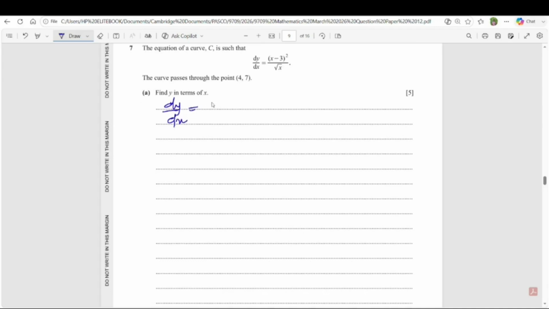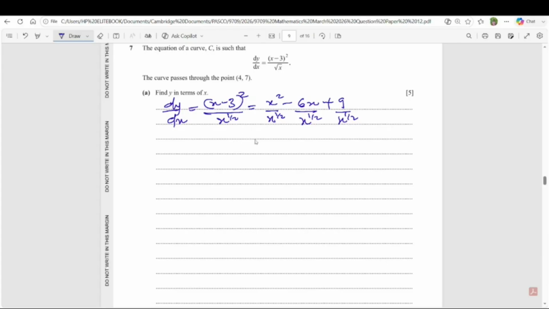equal to (x minus 3) all squared over the denominator, which can be written as x exponent half. Here we expand the numerator, we have x squared minus 6x plus 9, and everything divided by x exponent half. So I'm going to divide here by x exponent half, here by x half, here by x half, and then try and simplify.